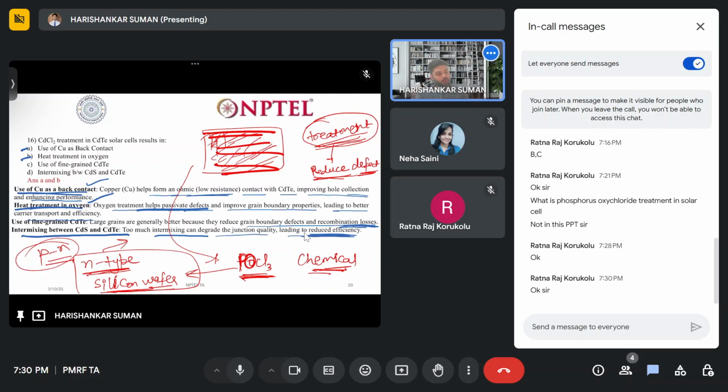So this treatment is used to improve the efficiency of the solar cell by reducing defects in the silicon wafer and forming an n-type character.